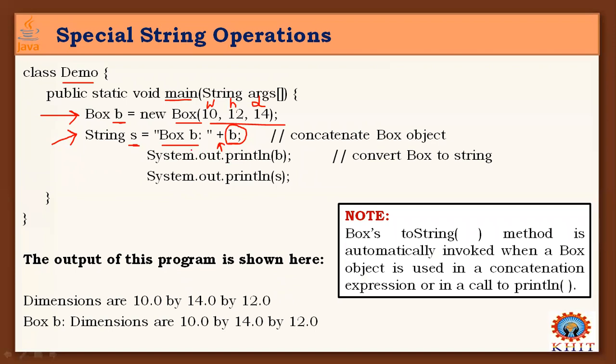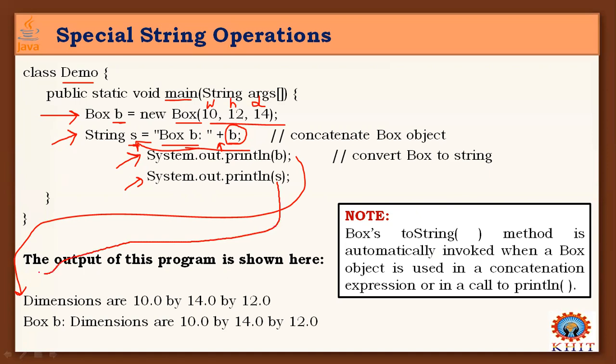After concatenating these two, we assign the result to the object called s. We are using two display statements. One displays the box object, and it gives values like this. And when we display the string, it gives values like this.